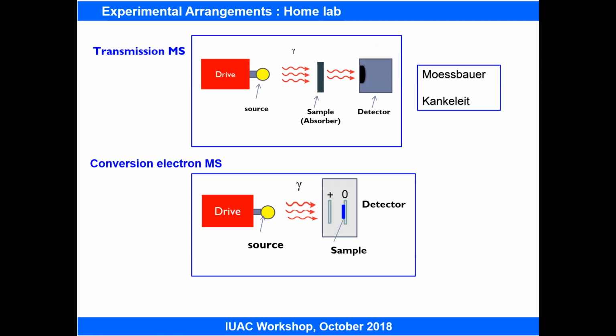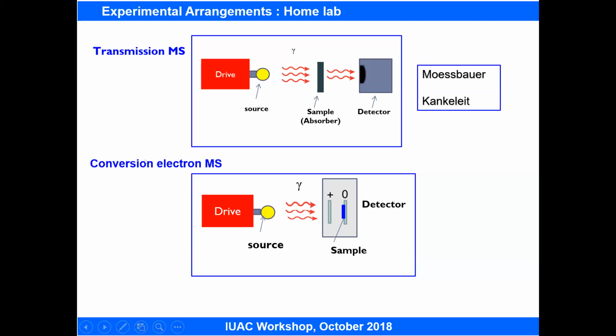And he could get velocities of centimeters per second. It was Kankeleit, who was a contemporary of Moessbauer's at the time, who developed the coupled loudspeaker system that we use today. So this is the approach used in transmission Moessbauer spectroscopy.